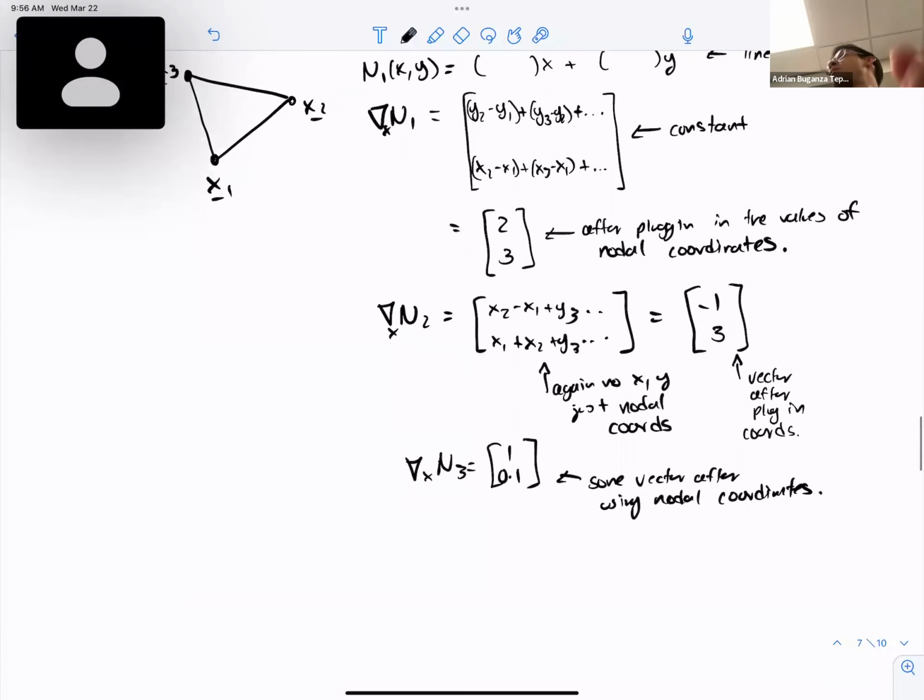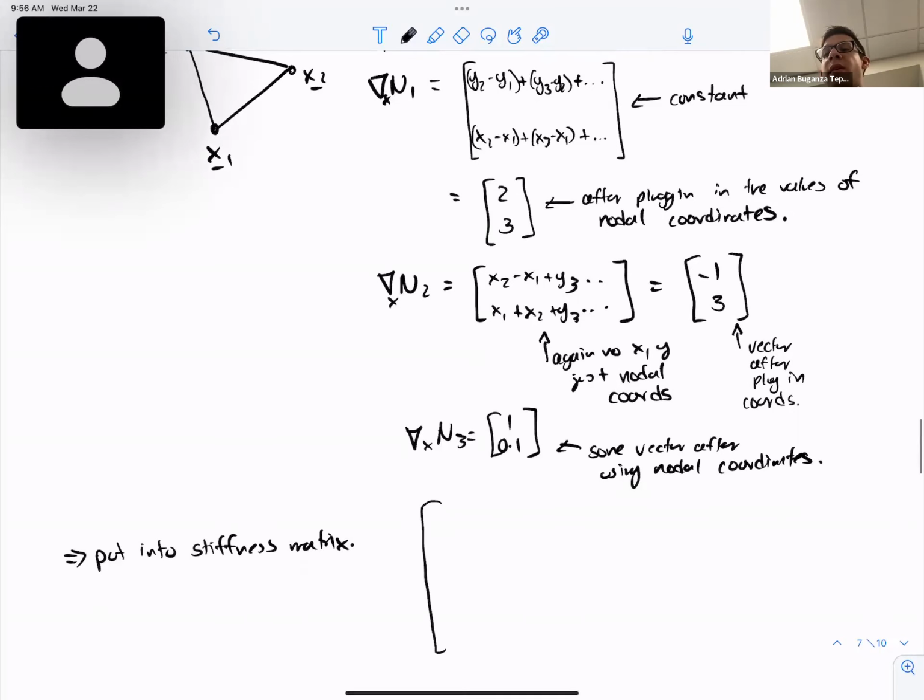So what that means is that when you put that into the stiffness matrix, then you're gonna end up with integrals over the triangle of the k, which is just a number, times the different vectors. Like in this case it is 2, 3 dotted with 2, 3.